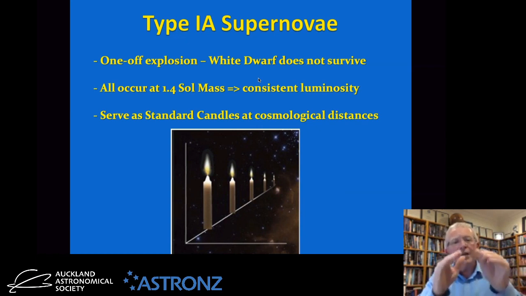So type 1A supernovae are very important because they're so bright. They're actually the brightest of all supernovae, as you'll see shortly. But you can use them as a tool to estimate distances to very, very distant galaxies.